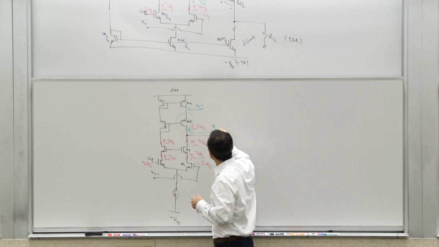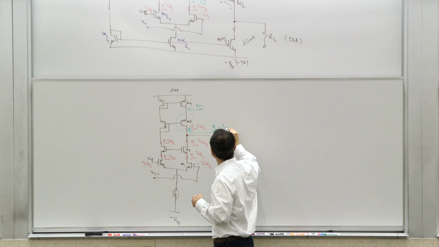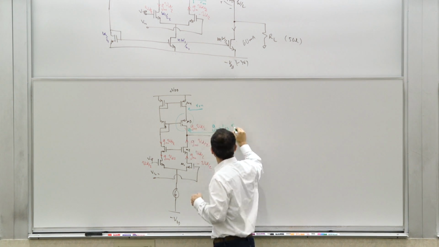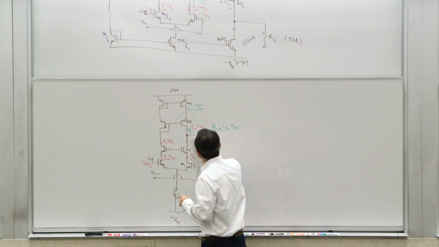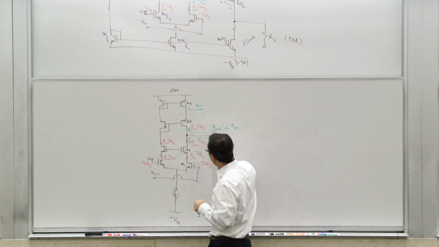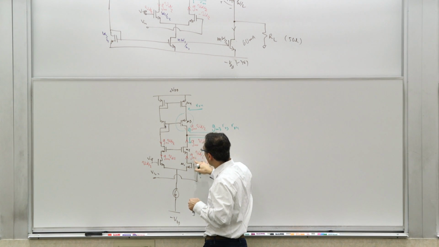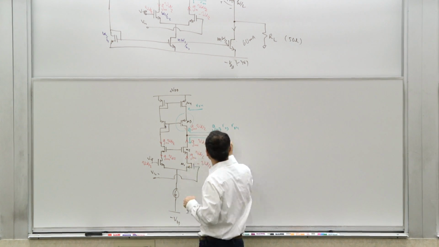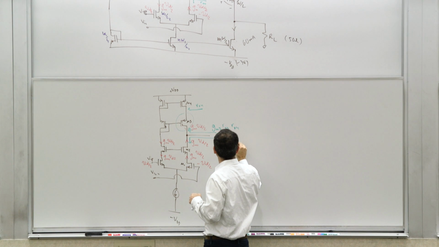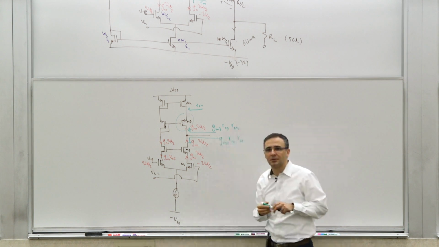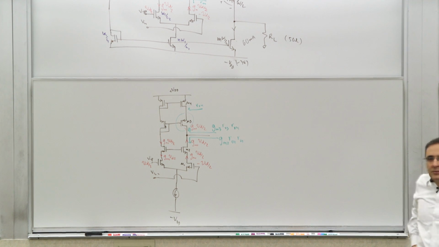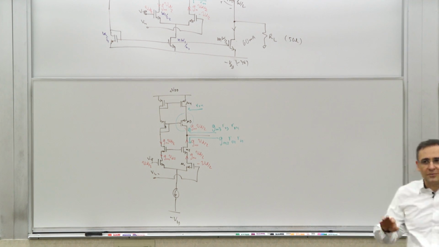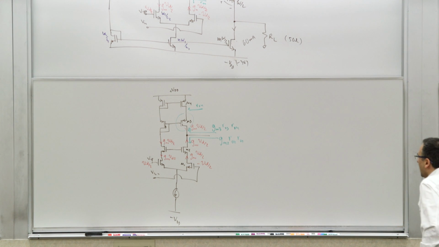This is therefore going to be GM3 RO3, the intrinsic gain of this thing, times RO4. What is it looking down? Now it's the intrinsic gain of this guy times the output resistance of that, which is going to be GM2 RO2 RO1. I mean, there's a +1 there, which we drop unless you're in some degenerate cases.